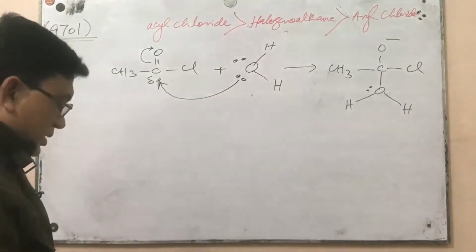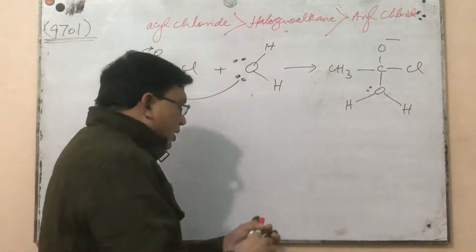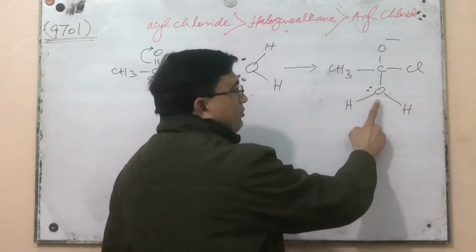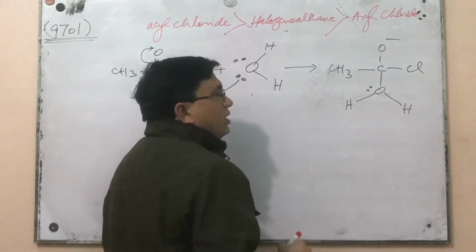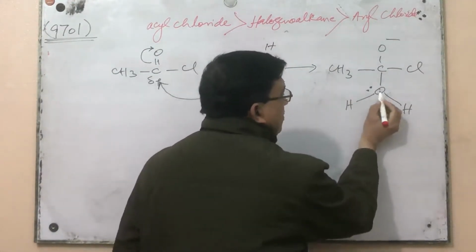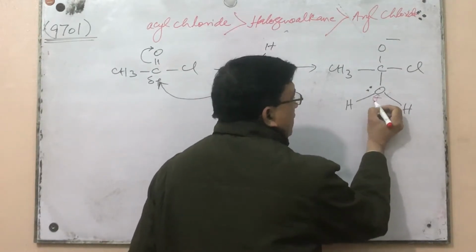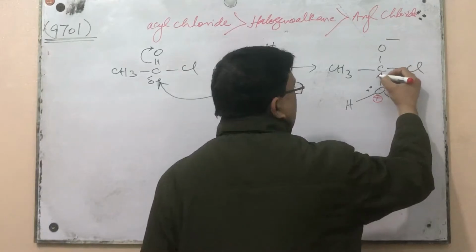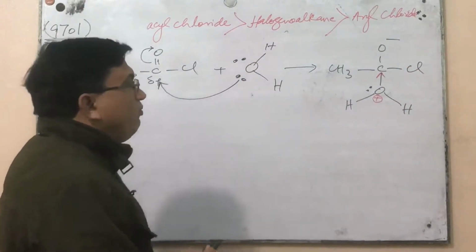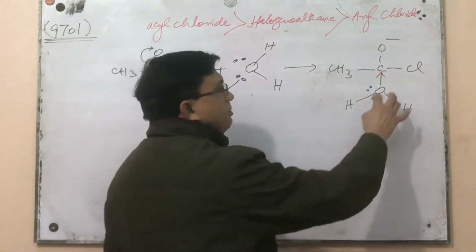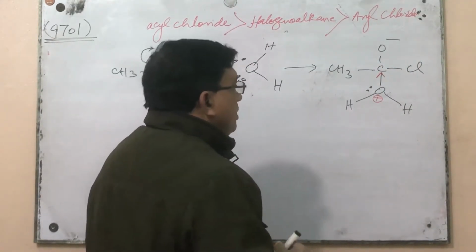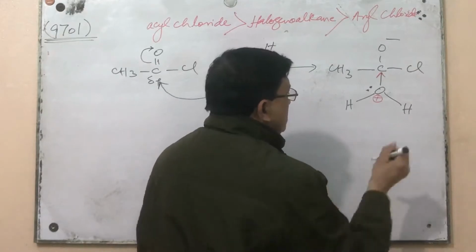But this is a very unreactive species produced. Because oxygen is more electronegative, it will not remain electron deficient for a longer time. It will carry a partial positive charge, because one lone pair of electrons has been utilized, making a dative bond with the carbon atom. That is represented by an arrow starting from oxygen. Immediately a reaction takes place.